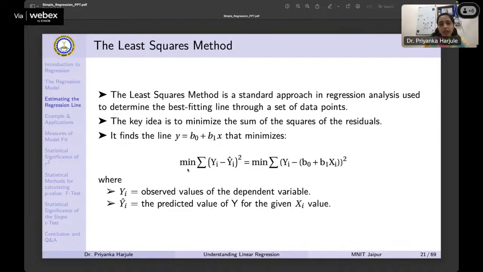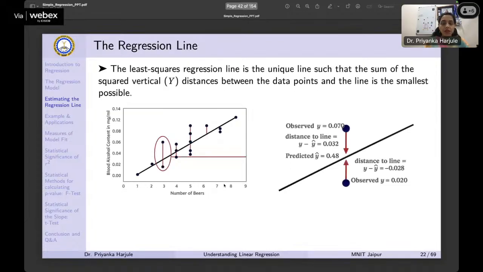So what we have to do is minimize the sum of the squared errors, that is, the difference between the observed value and the predicted value, summed up for every instance. So basically this is an optimization problem, which we will see how to solve.